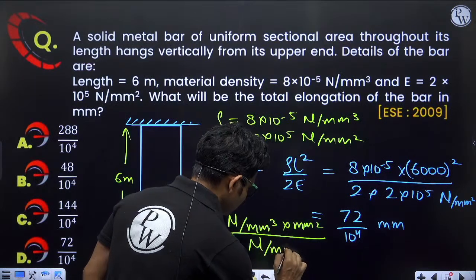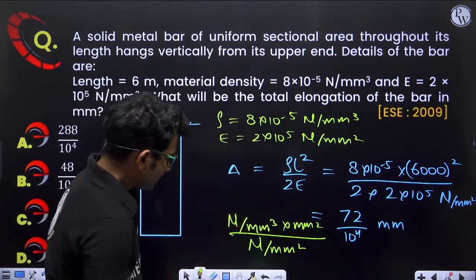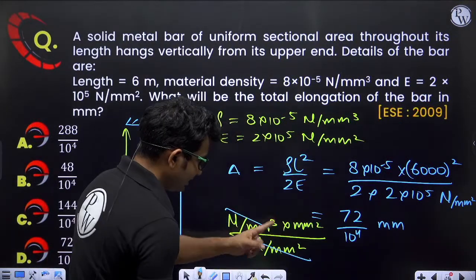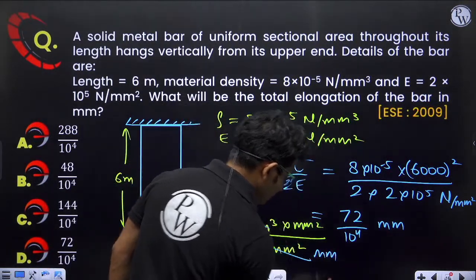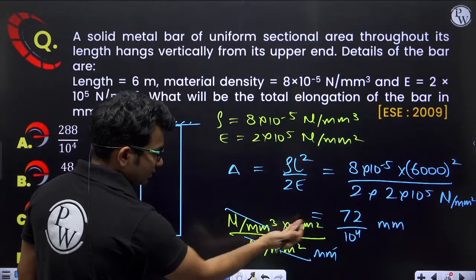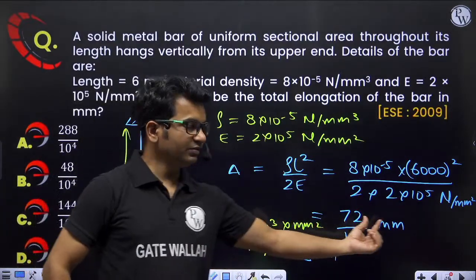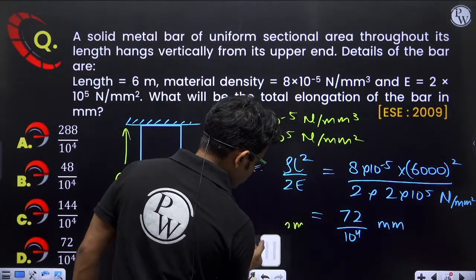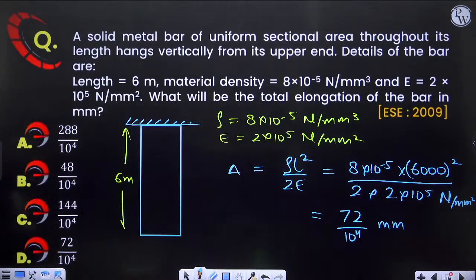If I cancel out these two, I am getting mm cube by mm... 1 mm and mm square, 1 mm will be cancelled out, the remaining will be in mm. So like this, by units we can also solve. Okay, so let's move on to the next question.